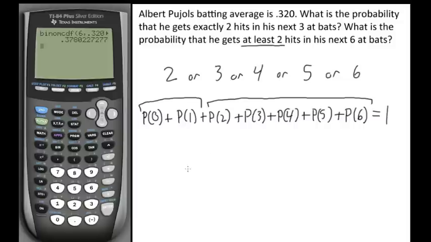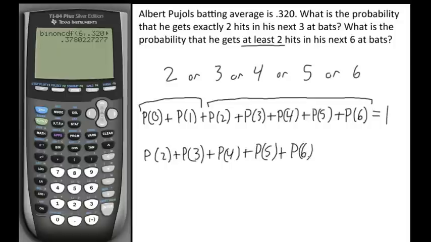Well, what we can do here is some pretty simple algebra, and we can figure out that if we subtract the probability of 0 and the probability of 1 from both sides, what we would get is that the probability of 2 hits plus the probability of 3 hits plus the probability of 4 hits plus the probability of 5 hits plus the probability of 6 hits would be equal to 1 minus the probability of 0 hits plus the probability of 1 hit. Just subtracting this term right here from both sides.